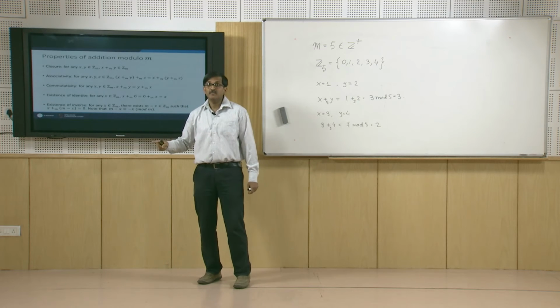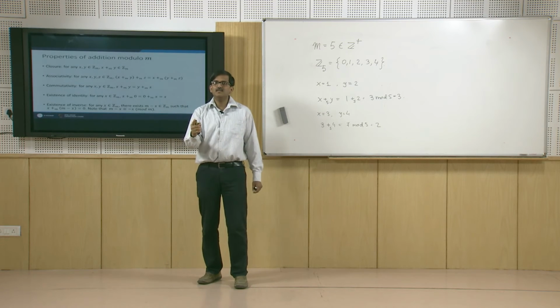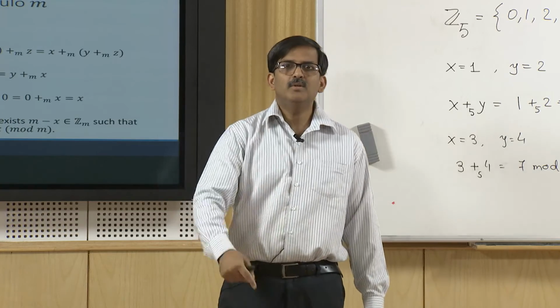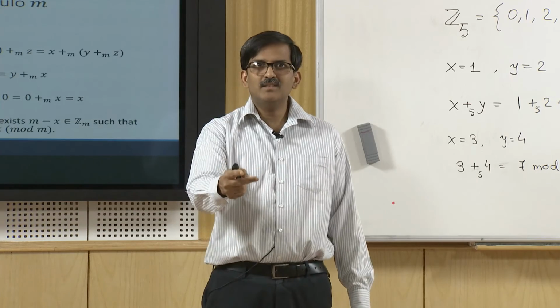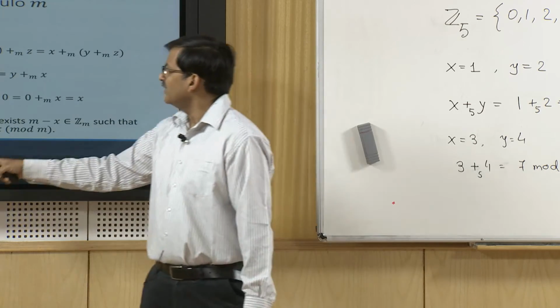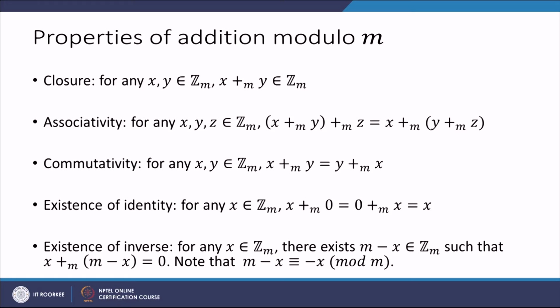And the last one, that if you give me an x, I can compute m minus x, and then if I add them, this is going to be 0 modulo m. Why? It is very natural.